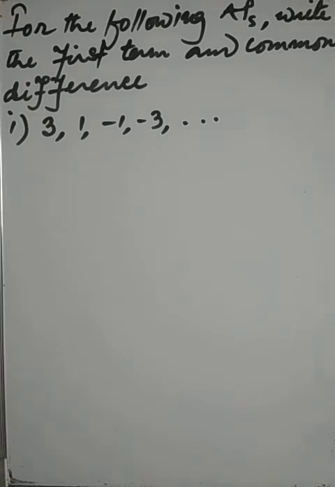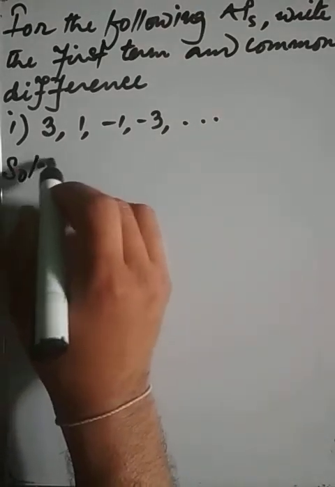Okay, here is the question. For the following APs, write the first term and the common difference. So I'm writing the first question only. In the first one, the given terms are 3, 1, minus 1, minus 3, and so on. So we will find the first term and the common difference. So here, solution.